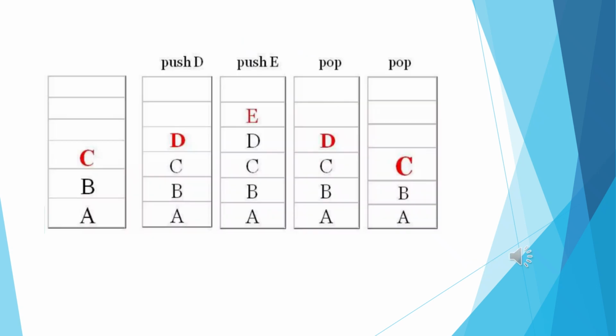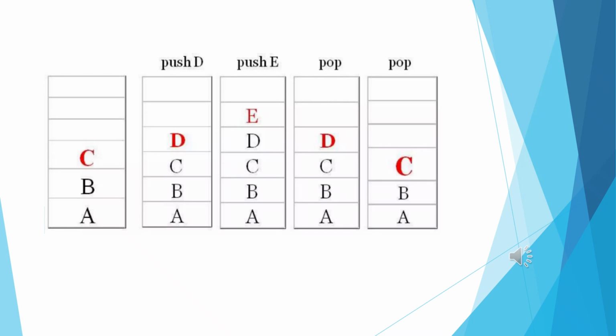Now we are seeing a stack containing a number of elements: A, B and C. Next we insert an element D by using the push operation. In the next step, we insert an element E into the stack, also by the push operation. If we do a pop operation, it always follows the concept of last in first out, so the element inserted last is the element which comes out first.